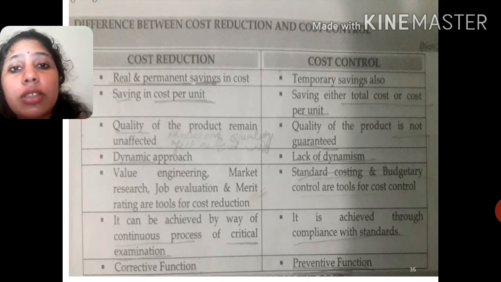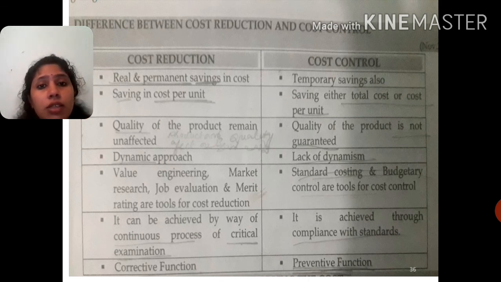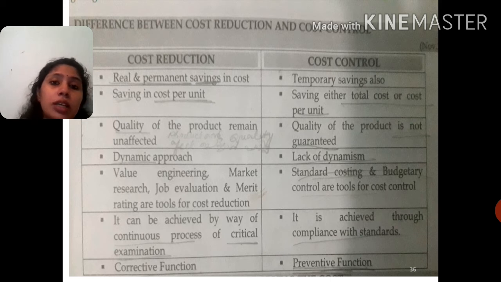That is a corrective function. If we were following wrong methods last year, we can correct the same, and we can implement new techniques or new methods in our cost reduction process during our year.